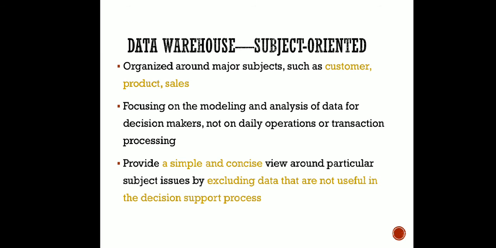Think of it in a very layman's concept. Say we are maintaining three different register notebooks. In one register book we are maintaining the details of the customer, in another the details of the product, and in the other the details of the sales.